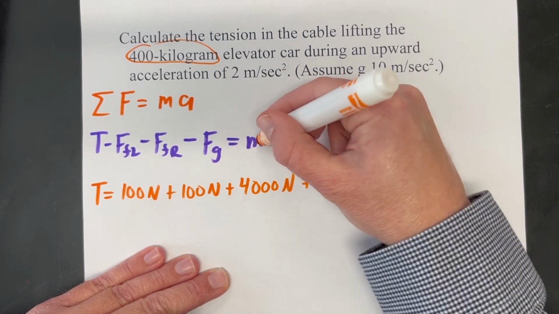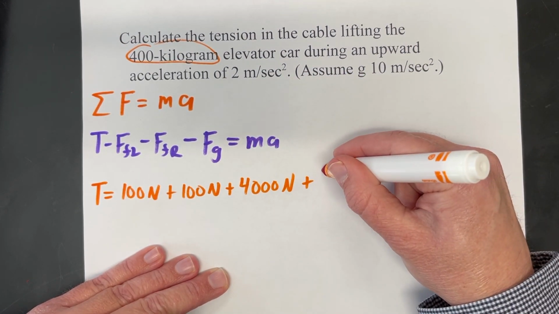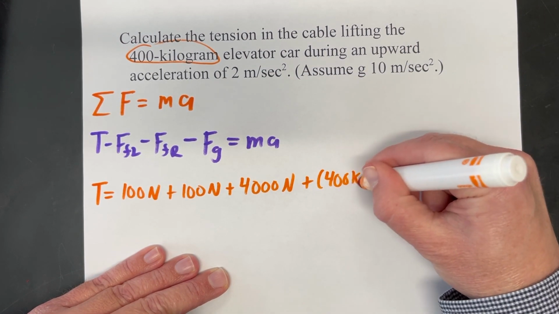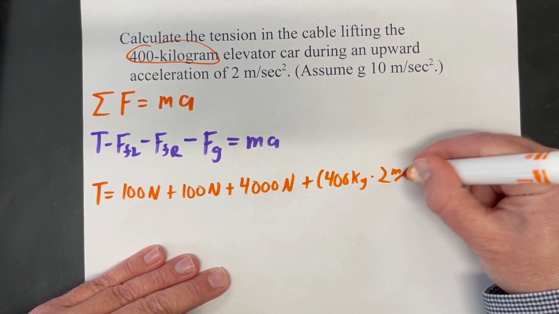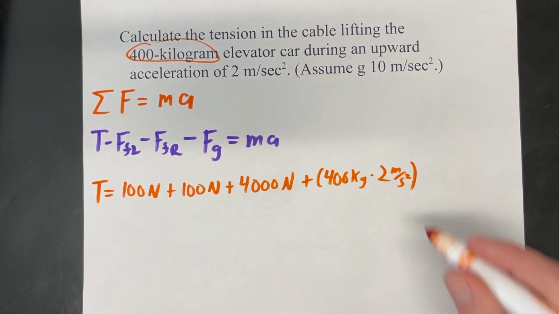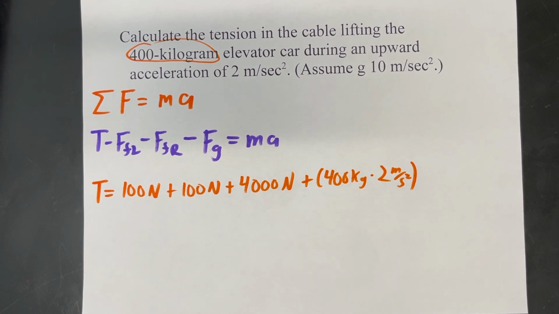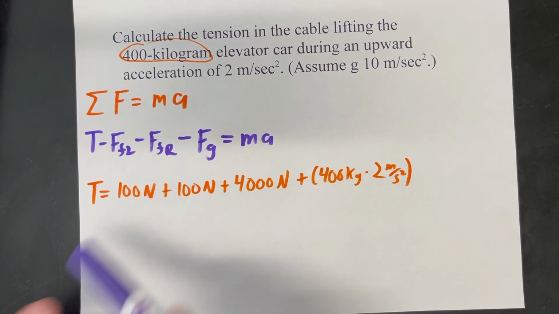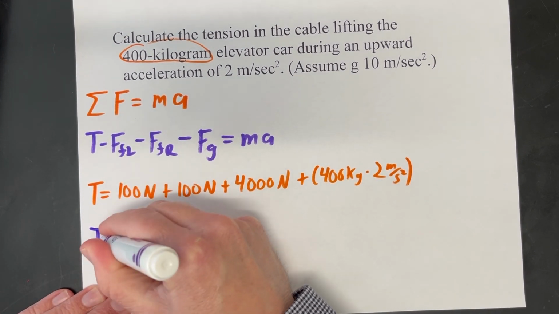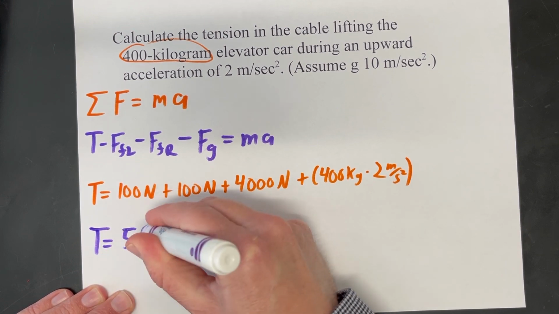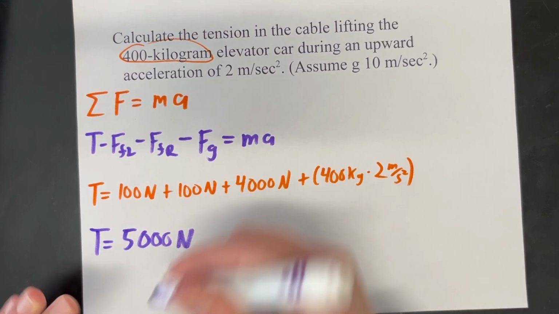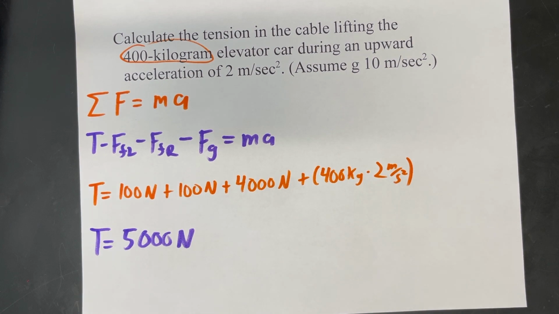And then finally, we have this term right here, mass times acceleration: 400 kilograms times the upward acceleration of 2 meters per second squared. That will give you 800. So then 800 plus 4,000 plus 100 plus 100 will give us a total tension of 5,000 newtons on the cable car.